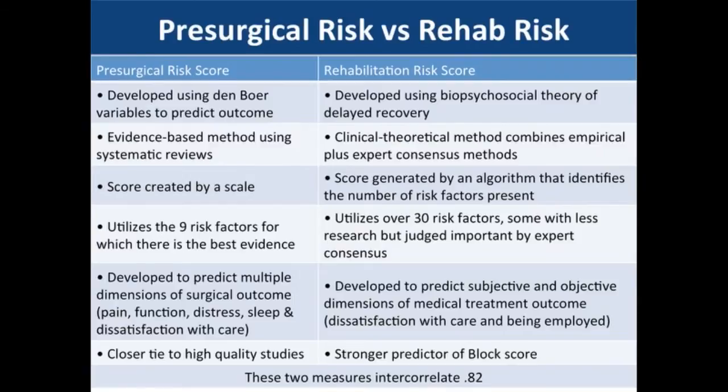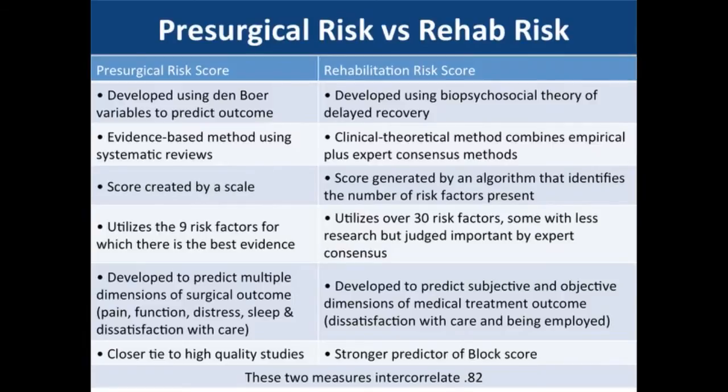The pre-surgical risk score had a closer tie to high-quality studies in terms of validity, and rehab risk had a stronger association with the block risk score, which, for those of you who are familiar with that, is also a clinical theoretical algorithm type score.